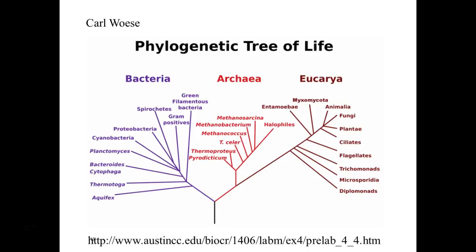And when he looked at this, that's how he came up with these three major groupings. Everything started grouping together in these three major groups. When I was sitting in your seats, it wasn't in the textbooks yet. It hadn't gotten to that level of acceptance in the wide scientific community. But it is there now. Go Carl, although he's probably dead.